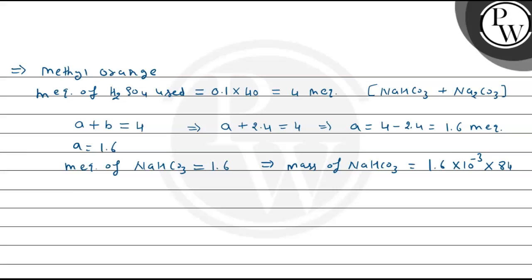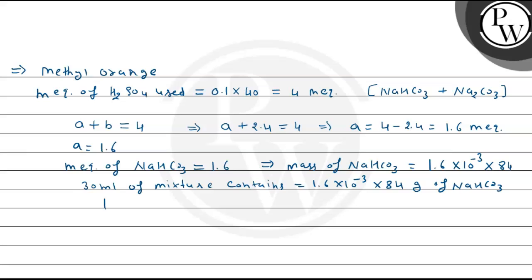So to find out the mass of NaHCO3 present in 1 liter, we know that 30 ml of mixture contains 1.6 into 10 raised to power minus 3 multiplied by 84 gram of NaHCO3.